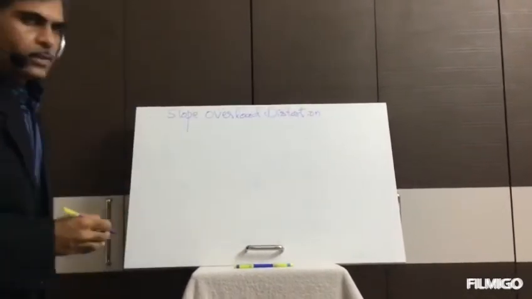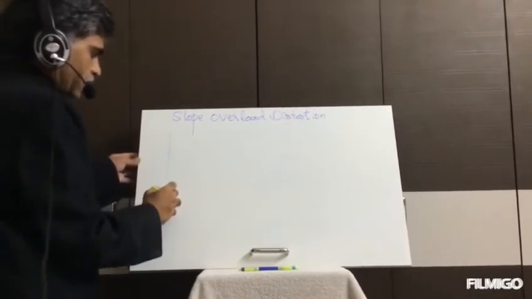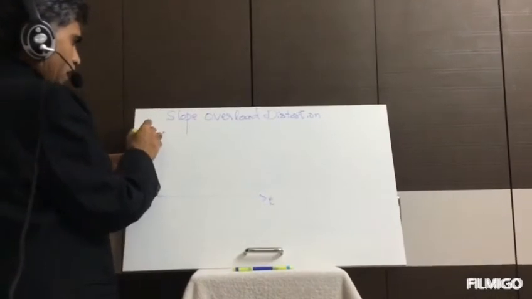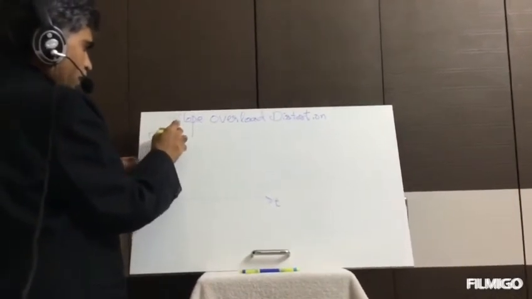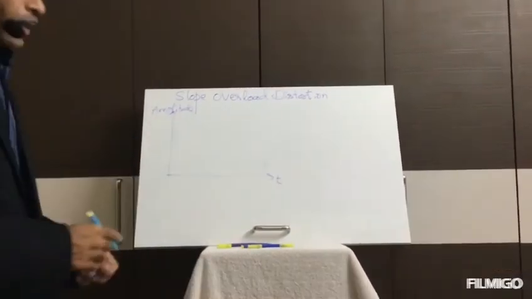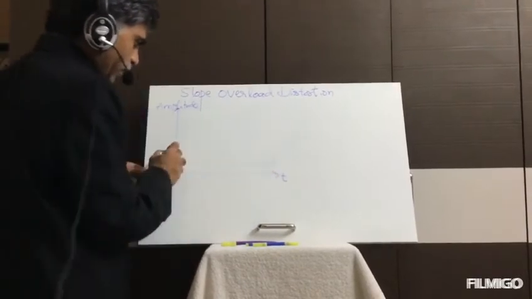Slope overload distortion. Let us take once again the continuous signal here, taking time along the x-axis and amplitude of the signal along the y-axis. Let us divide this amplitude axis into so many segments.